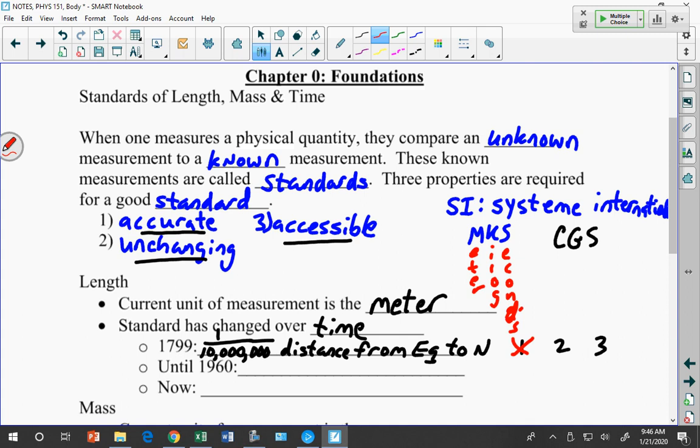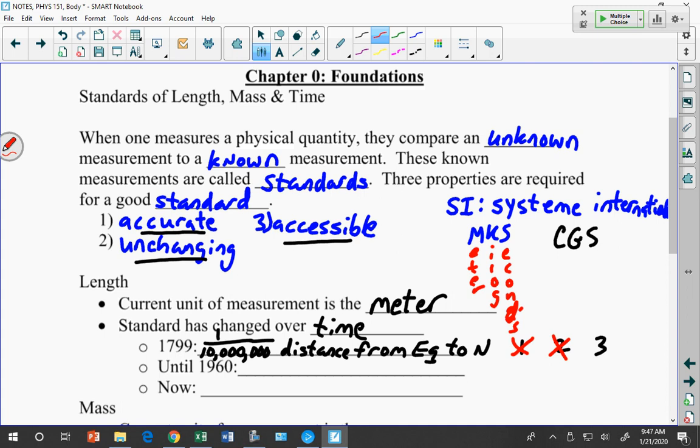Sort of, maybe, but not really either, because it depends on how the landscape changes, how the oceans rise or fall. Is it accessible? You might be able to say that, yeah, everybody has access to the Earth, and so everybody has access to measure that. Whether it's accurate and unchanging or not, it still is accessible. So I'll venture that that standard does meet the third criterion.